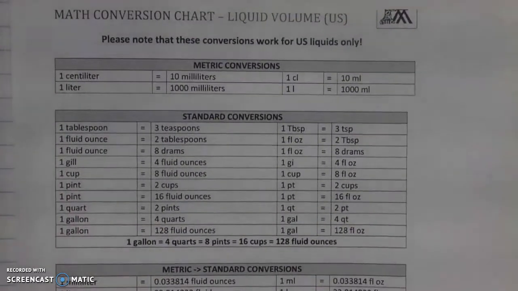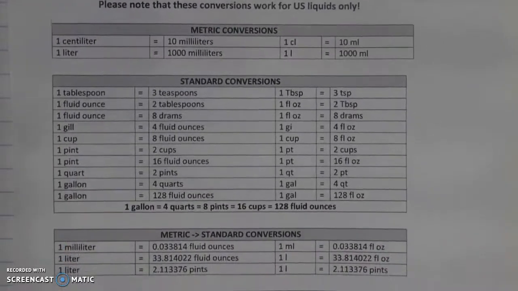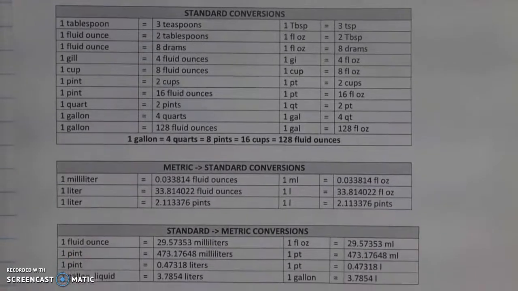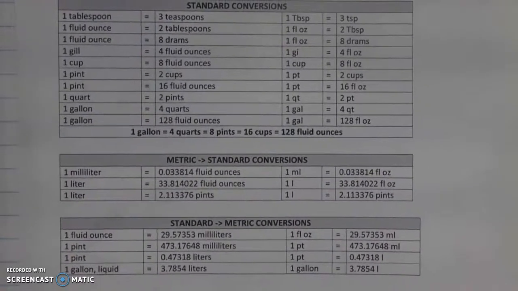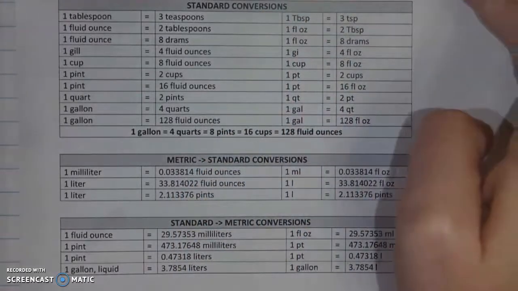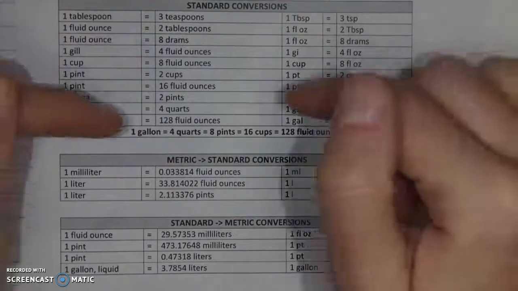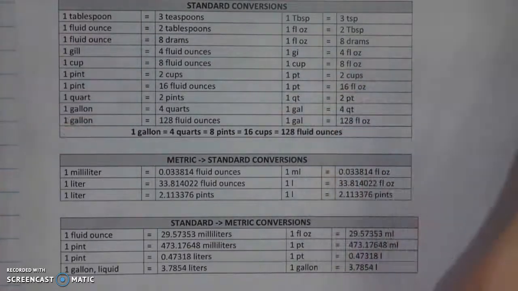Now, in order to do this, one of the things I needed was a volume conversion chart. And when we're looking at these, it's going to get to be a little bit messy, because it's going to show us the standard conversions that we're used to here in the US, all of these cups and pints and gallons, which are things that we use.